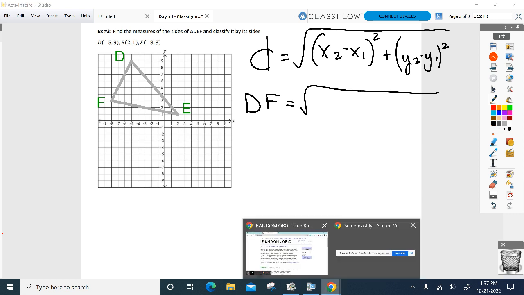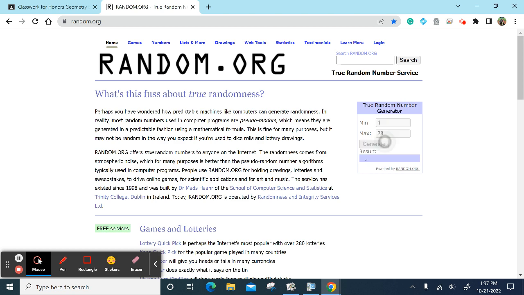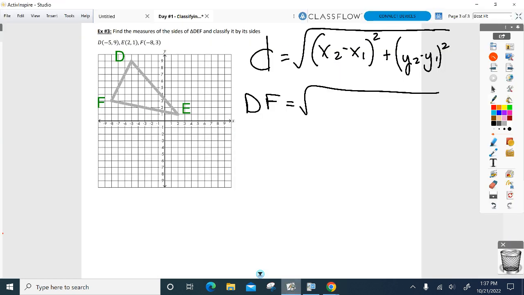Give me the x coordinates I'm going to subtract for D and F. -9. X coordinates. I want to subtract the x coordinates of D and F. Where's the -9 coming from? D and F. I'm looking to subtract their x coordinates. So what are the x coordinates?